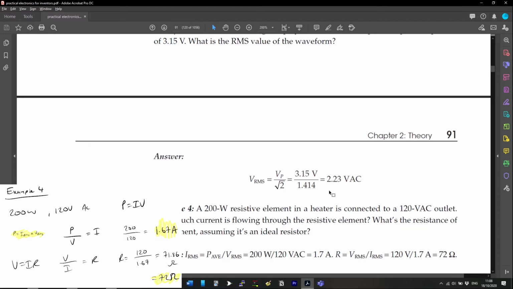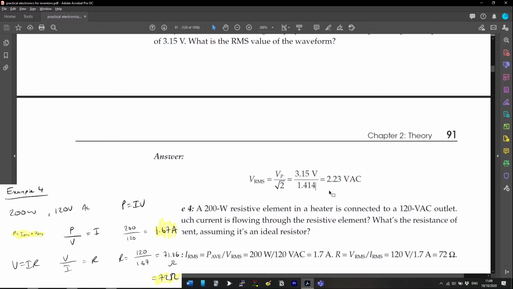Right? So we got P is equal to I RMS times V RMS. I didn't read the whole question. Let's just make sure. How much current is flowing through the resistive element? What's the resistance of the element, assuming it's an ideal resistor? Okay. So we just do P divided by V, and that will give us I. That's just Ohm's law manipulation, right? Or the power law manipulation.